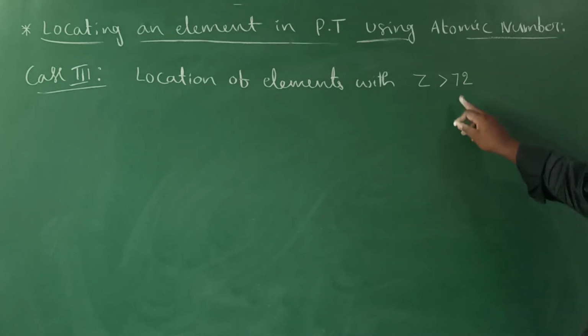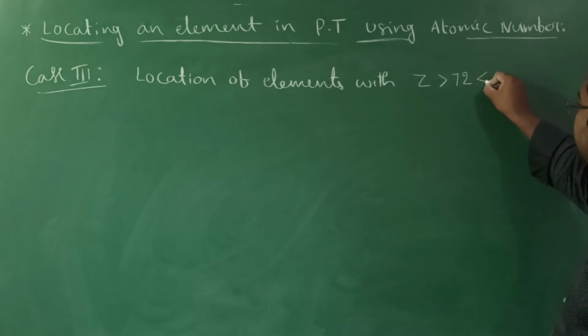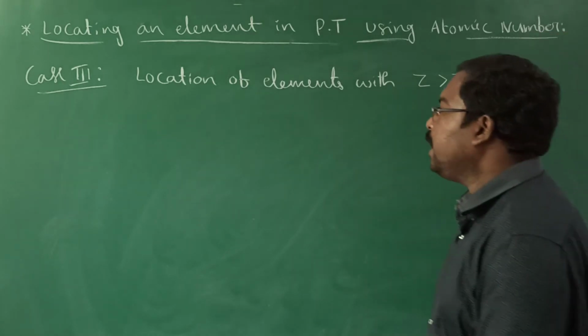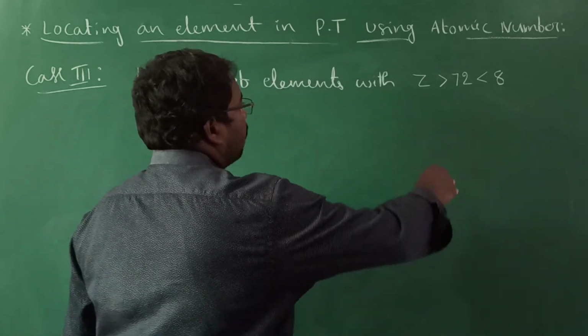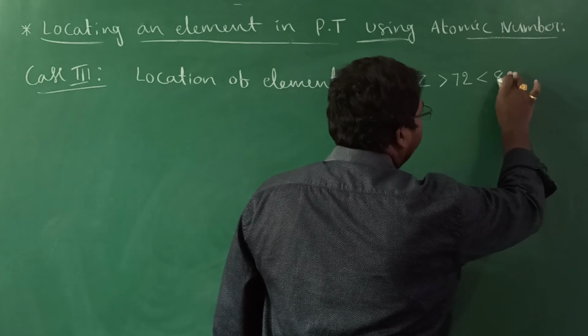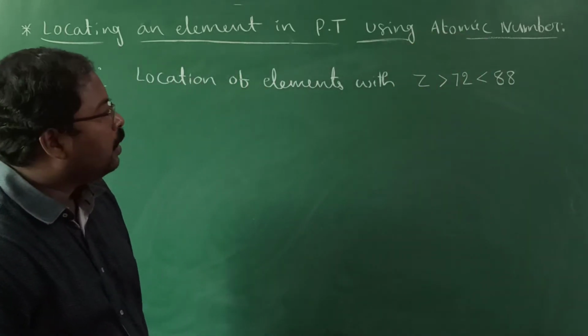Okay? More than 72 and up to 89 you are able to find. That is, sorry, if you observe the atomic numbers, 86, or even if you can go for 88 also, not a problem.